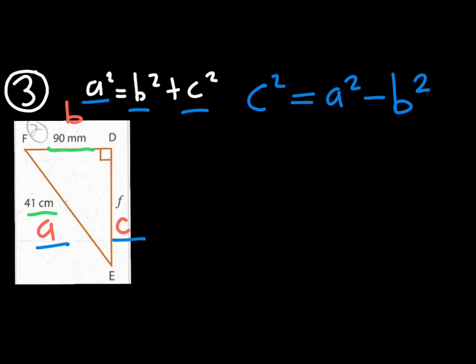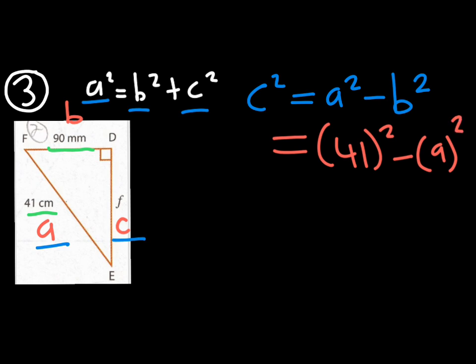That would mean that a squared will stay 41 squared minus, now there are 10 millimeters in a centimeter, so we need to divide 90 by 10, and we get that the side B is 9 centimeters, so we say 9 squared.